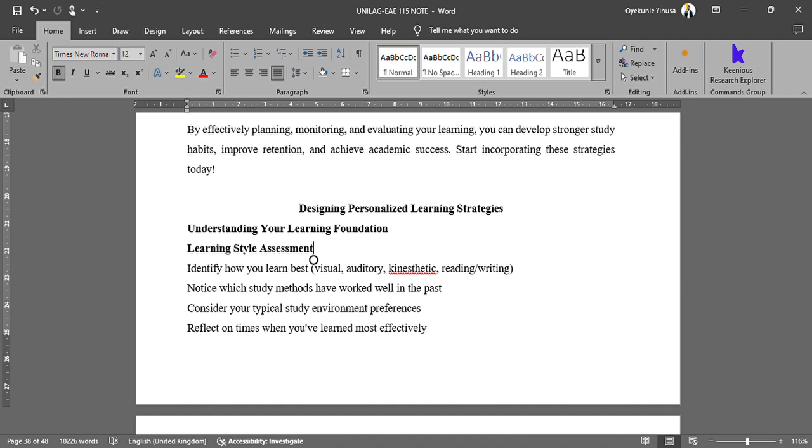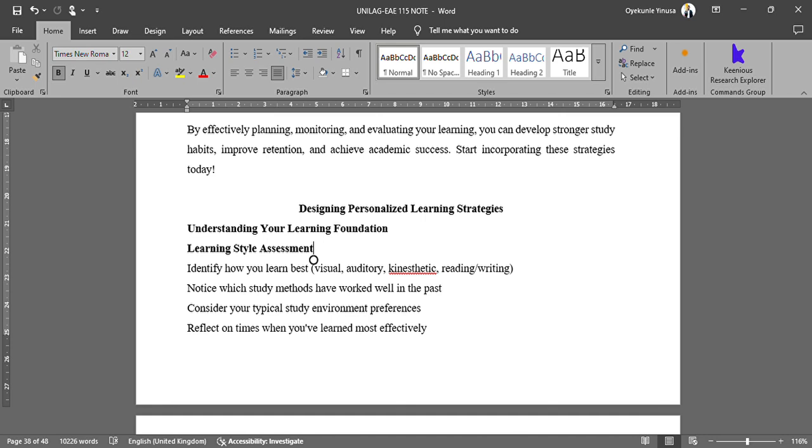Designing personalized learning strategies. How then can you design personalized learning strategies based on what I have discussed earlier? You must understand your own learning foundation. What is your capacity? How long can you read? How far can you go? You must be able to understand your learning foundation. Learning style assessment, right?